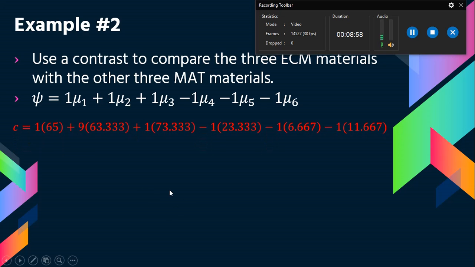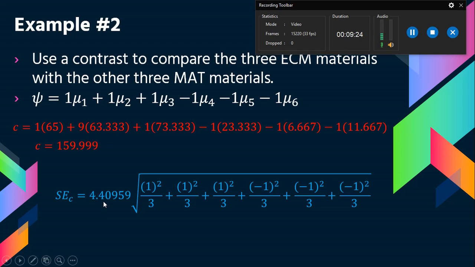So starting with the value of the contrast, I'm going to sub in all my x bars. Make sure you're plugging in extracellular for 1, 2, and 3, and inert for 4, 5, and 6. I'm trying to use the order they did describe in the table. And my contrast value is quite large. Now we need the standard error for the contrast.